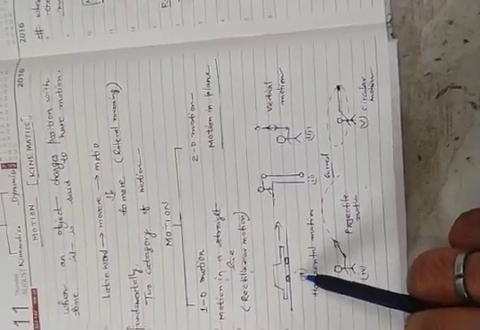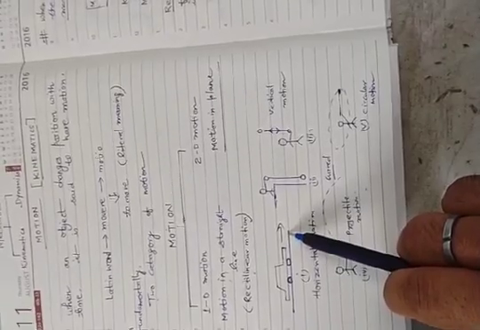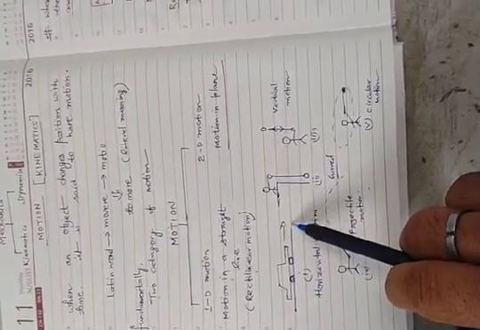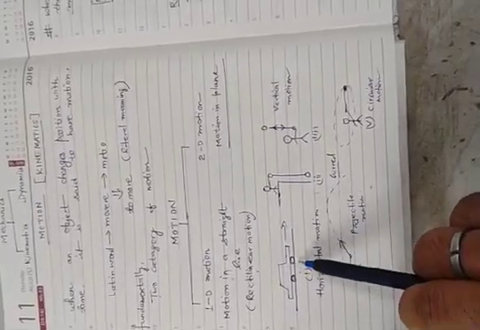Some of the figures I have drawn here, like here you can see the car in figure 1, which is moving in a straight path. Moving in a straight path is an example of 1D motion, that means rectilinear motion.